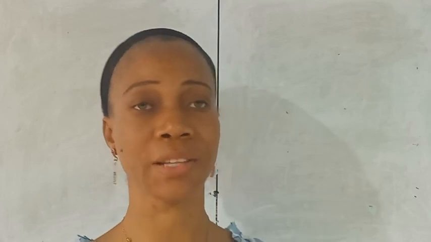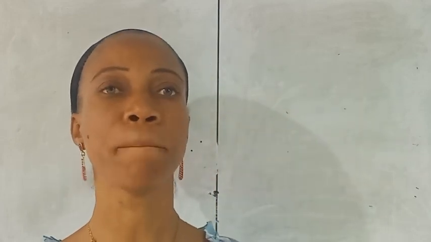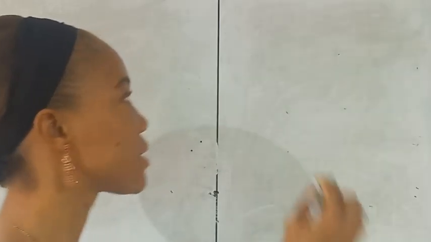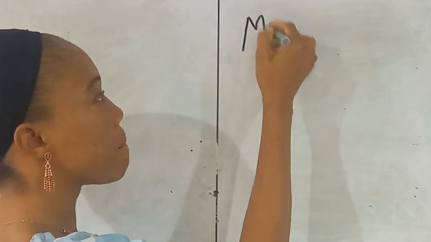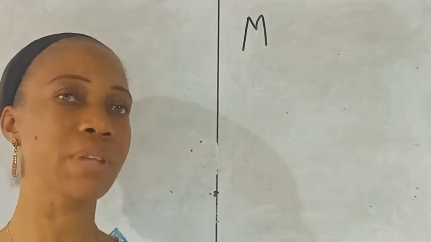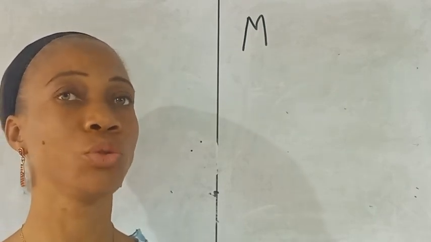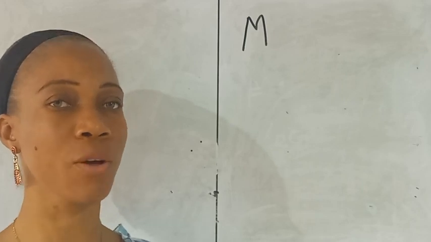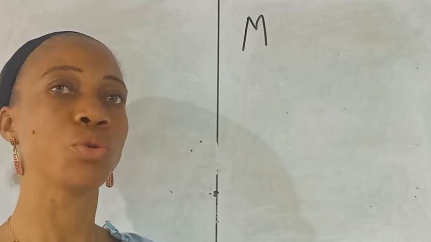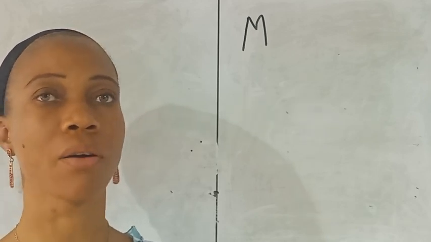Faraday's second law of electrolysis. Faraday's second law of electrolysis states that the masses of different substances, remember this time around we are using masses of different substances, deposited or liberated by the same quantity of electricity is directly proportional to the electrochemical equivalent.